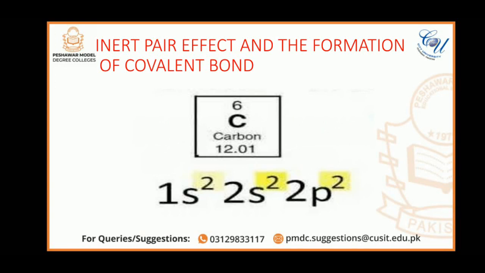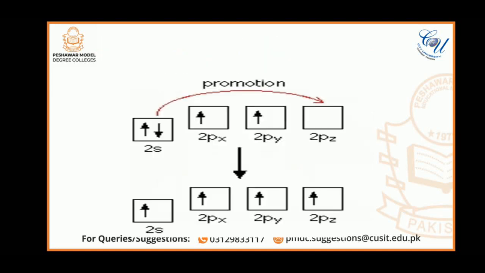Next, we will talk about inert pair effect and the formation of covalent bond. Here we will take the example of carbon. This is the electronic configuration of carbon 1s2, 2s2, 2p2, which shows that carbon is divalent, but carbon is tetravalent in majority of its compounds. So we can explain this.